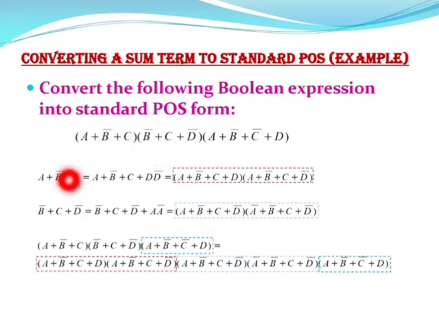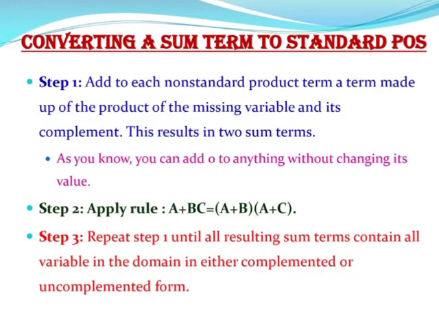So take this one, and as we said earlier, we should add this term with D bar D. In effect the value of D bar D is equal to 0. That is, you are adding this term with 0, so your answer won't change. And apply the rule, that is A plus BC is equal to A plus B into A plus C.